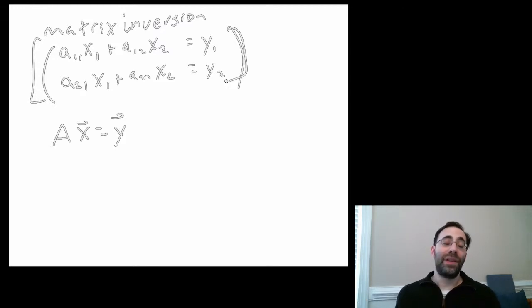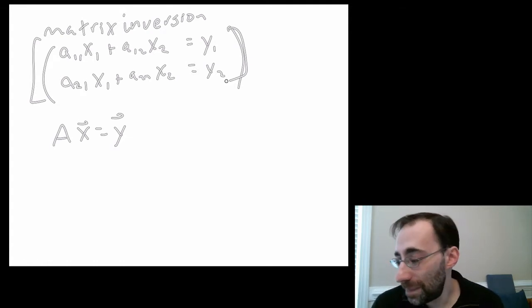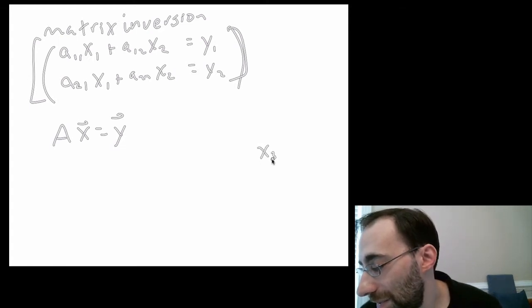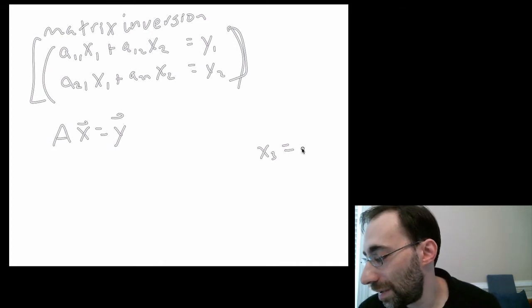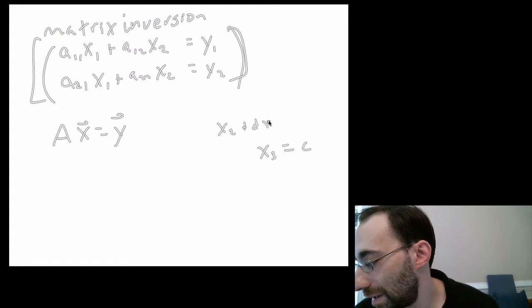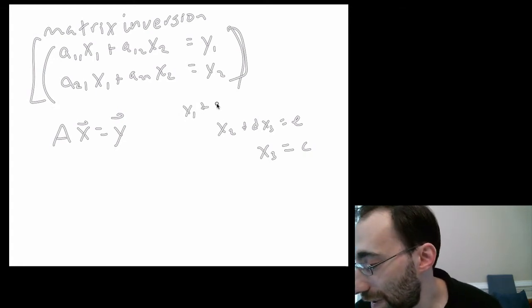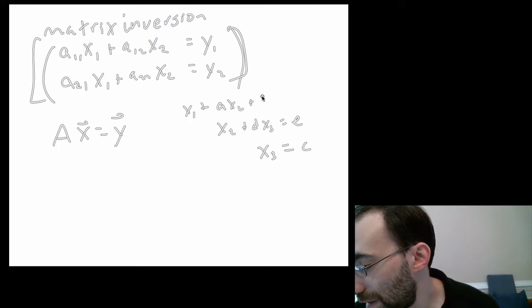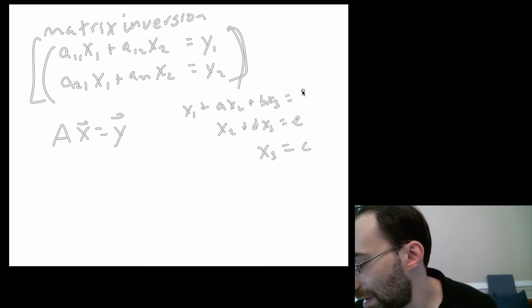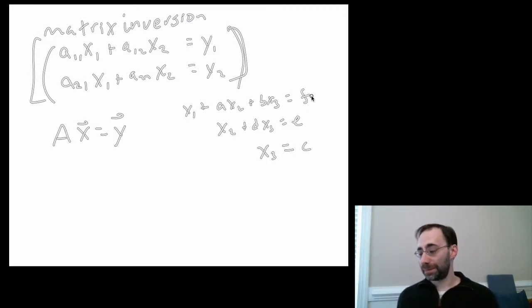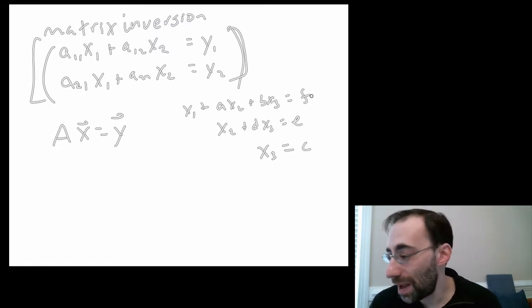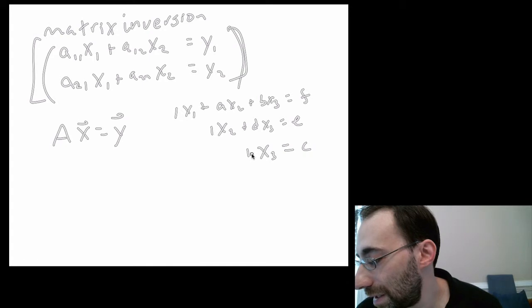For elimination, we didn't actually draw the matrix out, but if you recall, the bottom one was x3 equals a number, then something plus some other constant times x3 equals a different number, and then x1 plus some number x2 plus some number x3 equals another number. This is the general form we had before for elimination, except now we have ones in front of the x's.